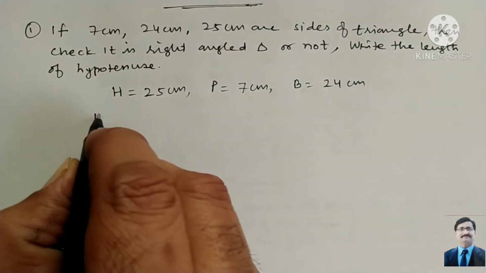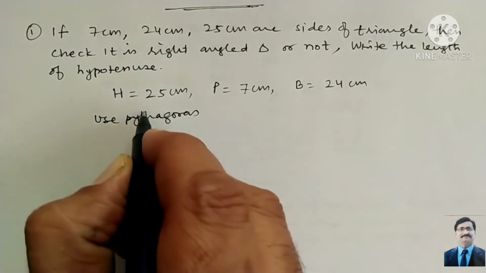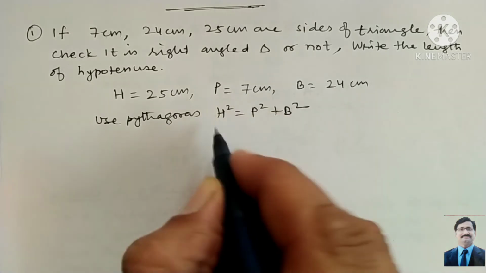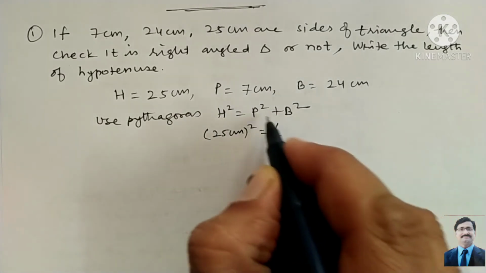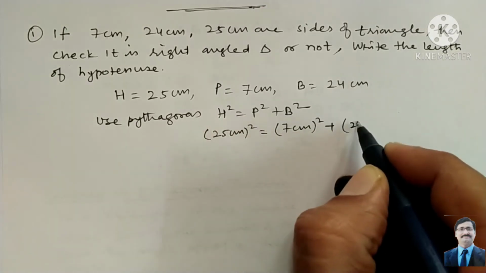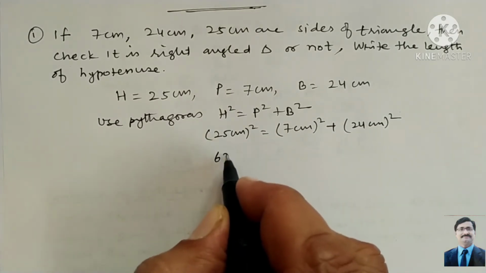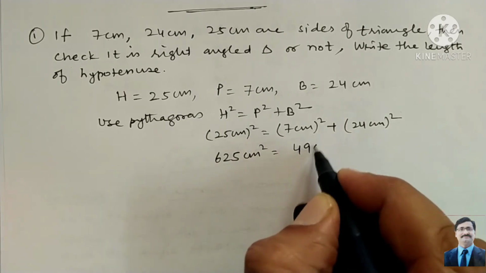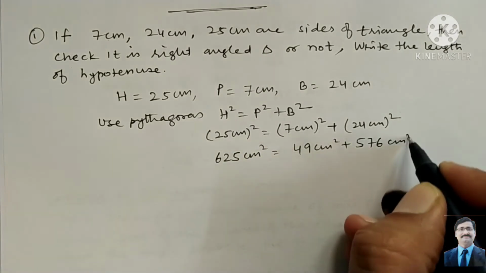Now we use the Pythagoras theorem here. Pythagoras theorem is hypotenuse square equal to perpendicular square plus base square. Hypotenuse is 25 cm whole square. Perpendicular we can write 7 cm whole square, and base we write 24 cm whole square. 25 cm square means we get 625 cm square. 7 sevens are 49 cm square, and this is 576 cm square.